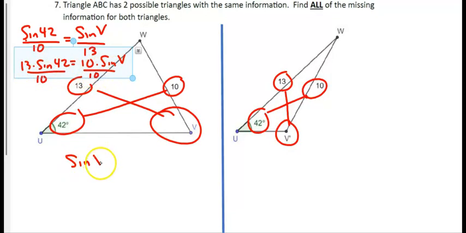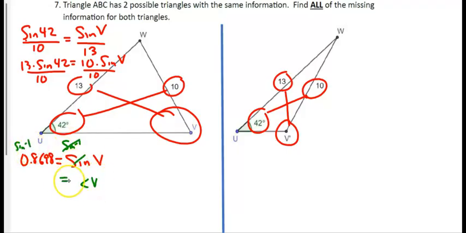So the sine of V is going to be equal to 13 times sine 42 degrees divided by 10, which is 0.8698, and it keeps going on. Do the inverse of both sides, and the angle is approximately 60.4 degrees.